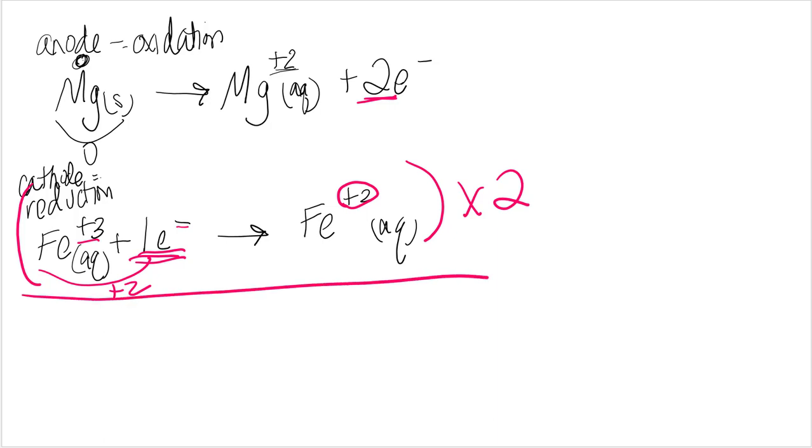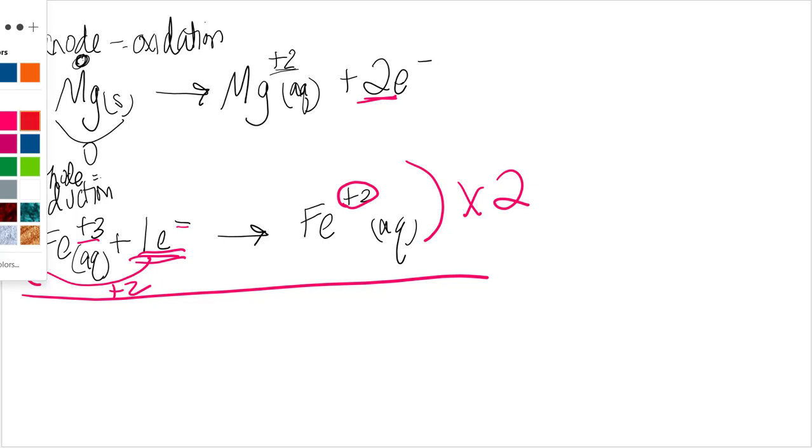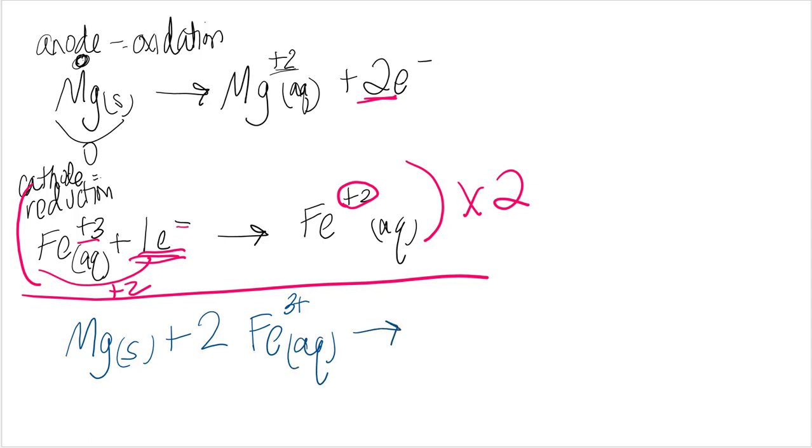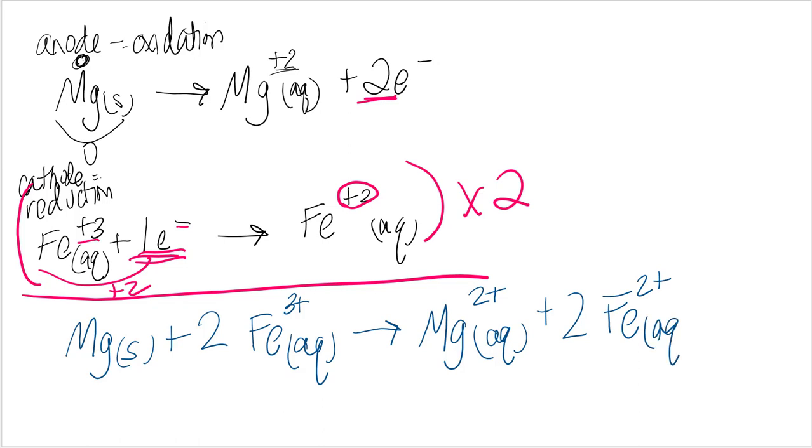So let's look at our complete redox reaction. I would bring this down and have my Mg solid plus 2 Fe3+, that's in aqueous solution, reacting to form my Mg2+ in aqueous, and my 2 Fe2+ in aqueous solution.